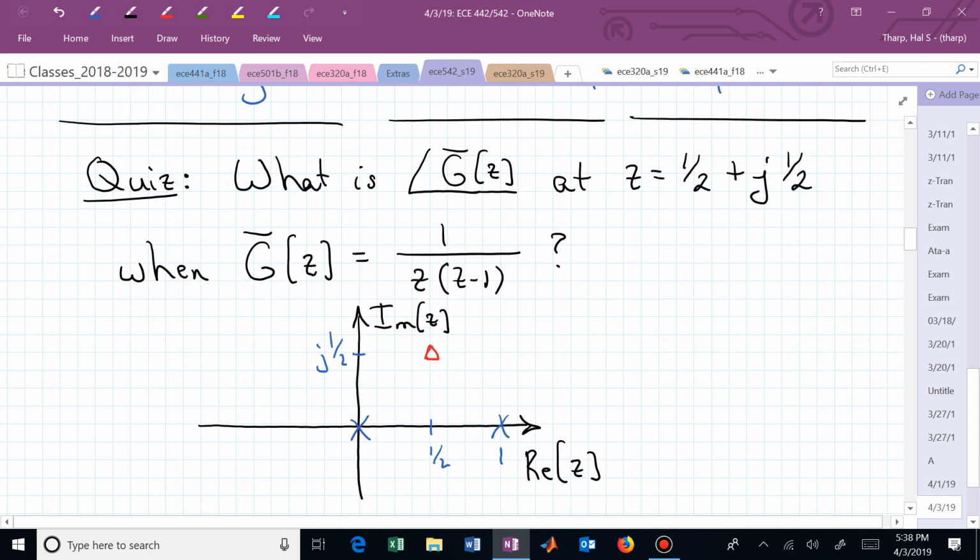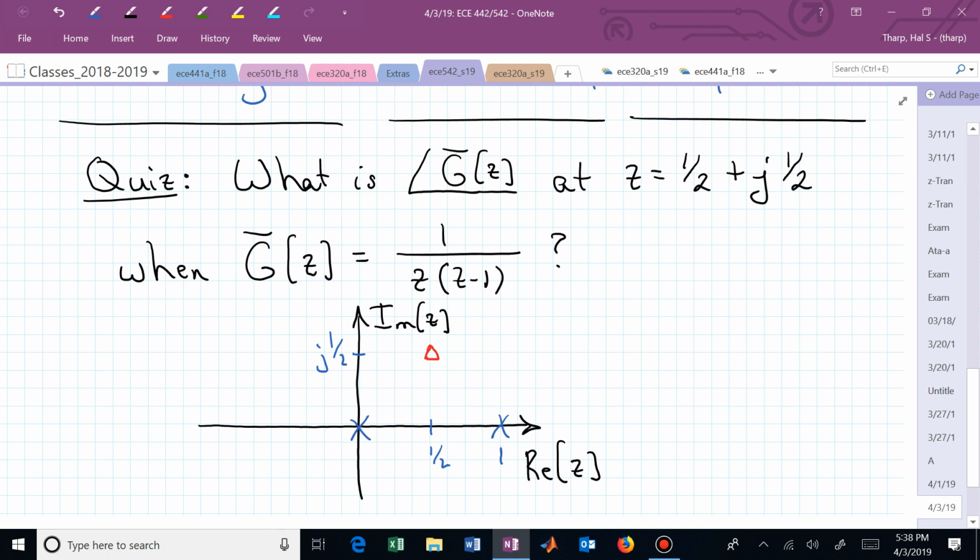I've now located the two poles. One is at the origin and one is at z equal to 1. Now I want you to determine the angle of that transfer function g bar of z at that triangle location. That's the quiz.